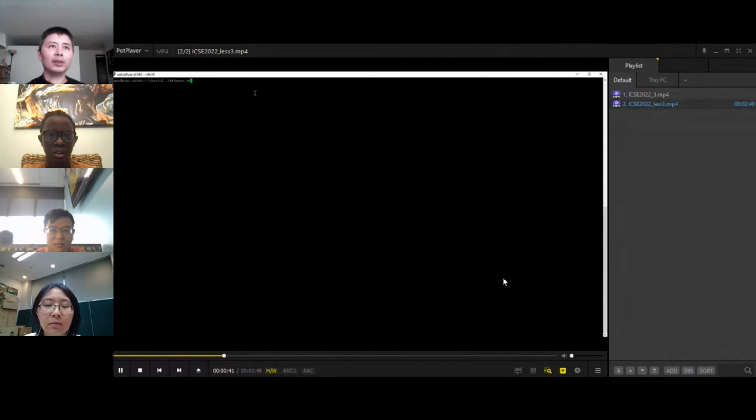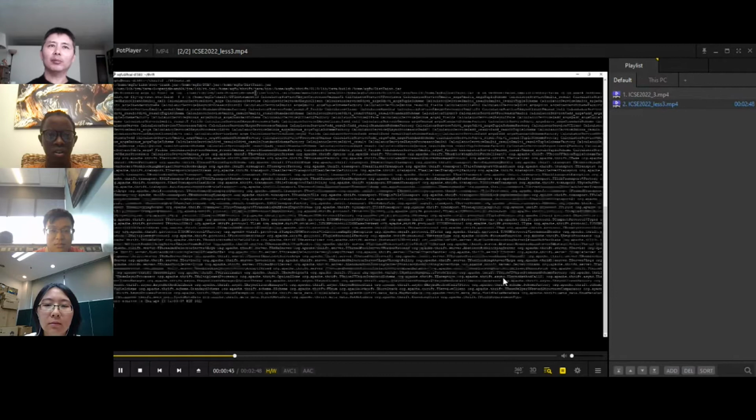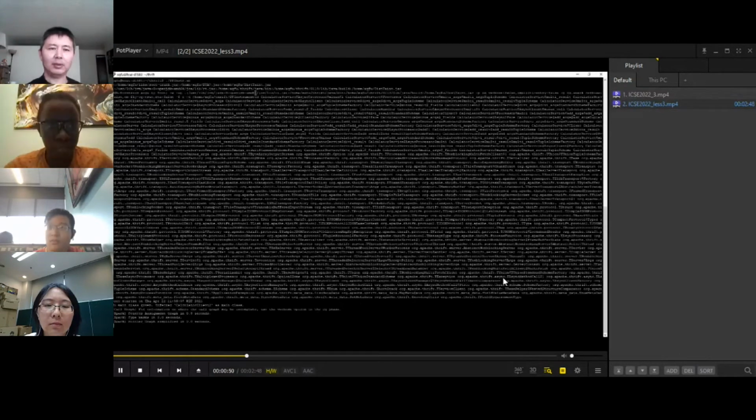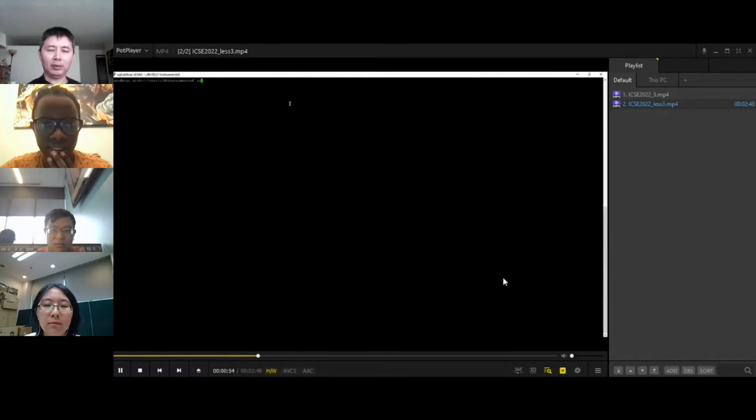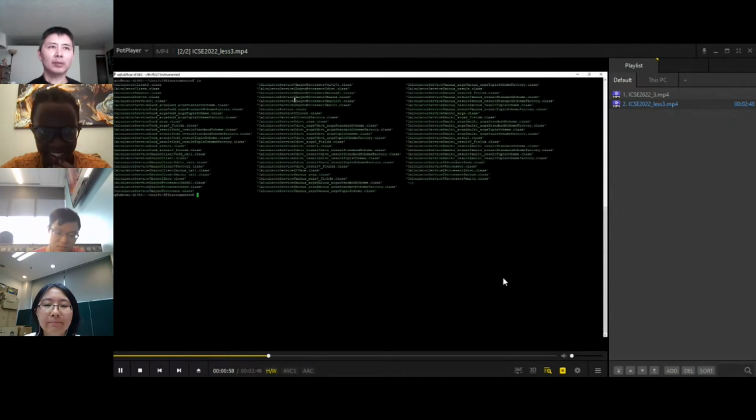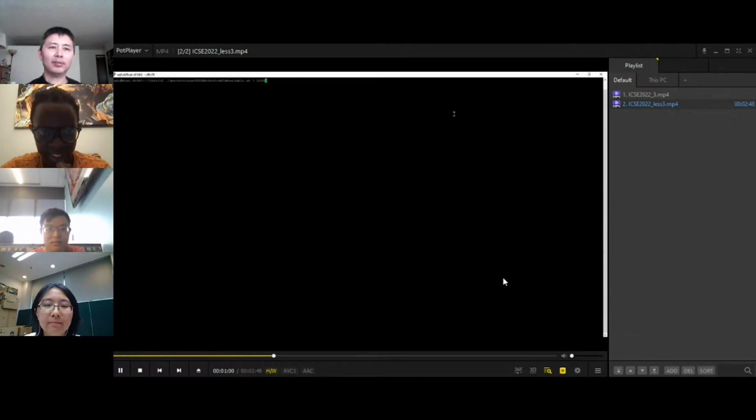The first phase is instrumentation to insert probes to monitor method events. We see the instrumented system files.